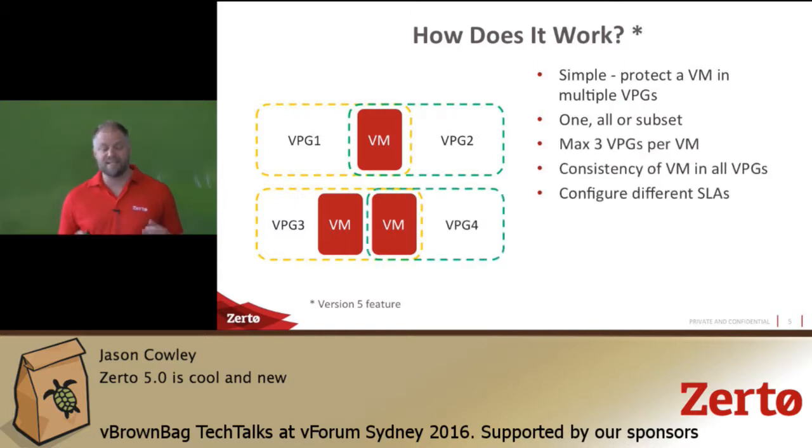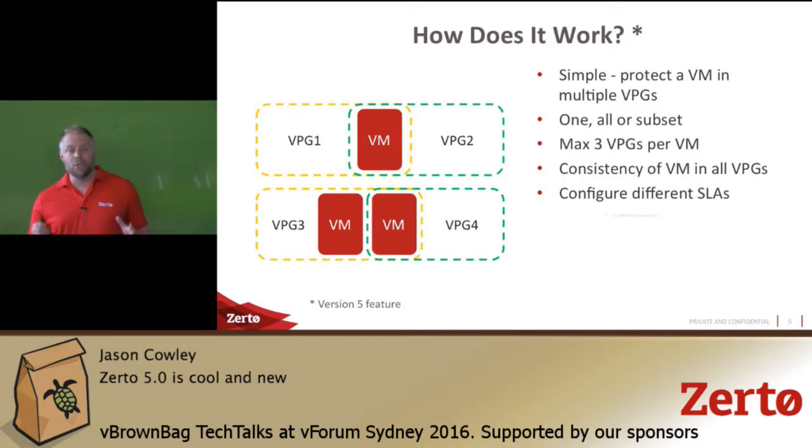So we maintain the consistency of the virtual machines across all of the VPGs that virtual machine's a part of, okay? You can configure multiple SLAs across each VPG. So if you have multiple tiers of applications, okay, and you have a single VM part of each application, each virtual protection group, we maintain consistency and you can configure different SLAs across those.